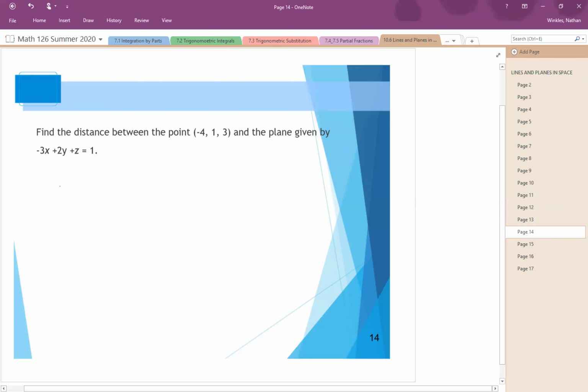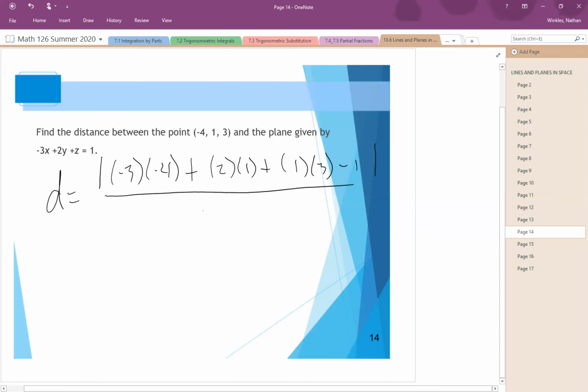So just like we just did, D equals the absolute value of -3 times -4 plus 2 times 1 plus 1 times 3 minus 1, all over the square root of -3 squared plus 2 squared plus 1 squared.